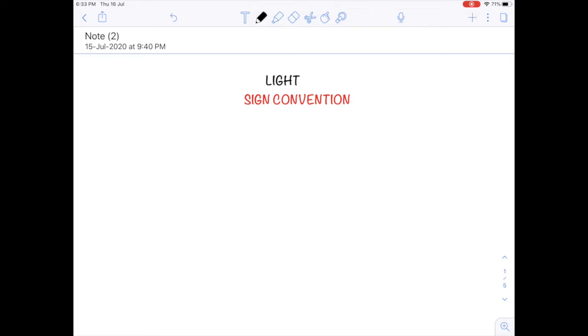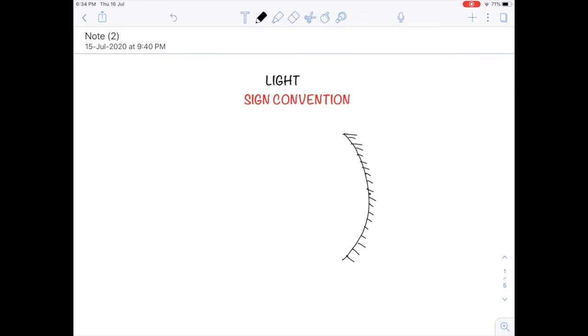Now, there are certain fundamental points that we need to understand, based on which we will learn how distances are measured. For example, I consider a concave mirror, which is curved inward and coated outside like this.